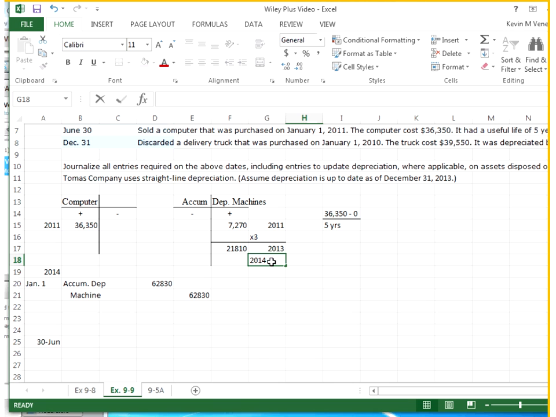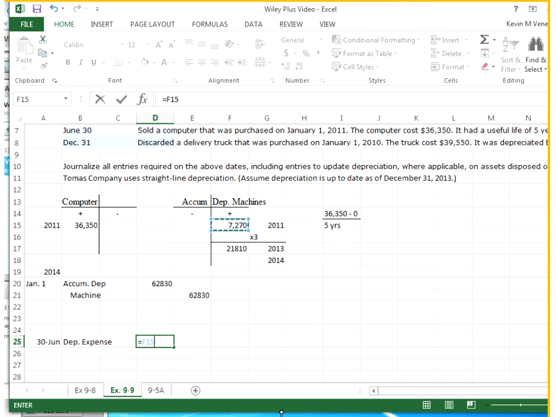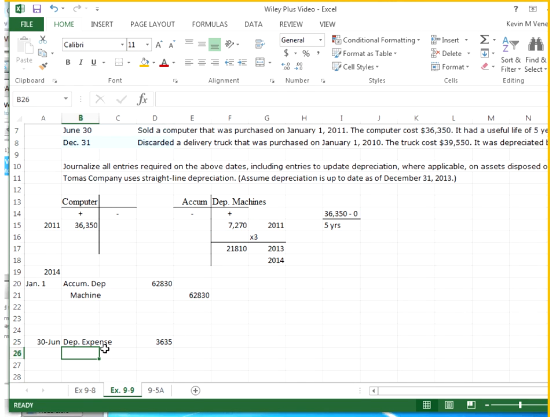Now what I need to do is do an entry for 2014. I need to show that I actually used my piece of equipment for half of a year. And so if this was the amount of a full year, the 7,270, I want to cut that in half. And so I'm going to be depreciating 3,635.